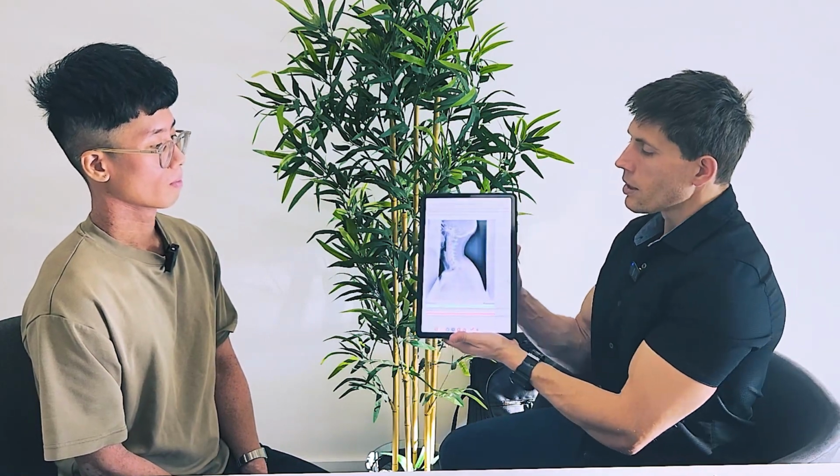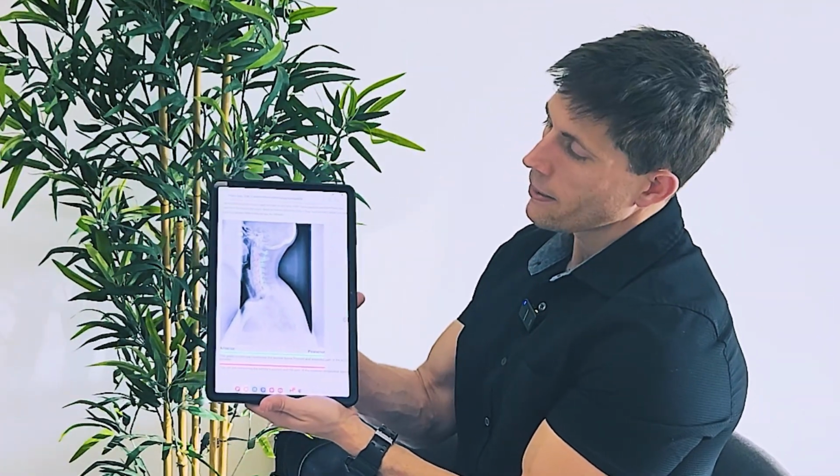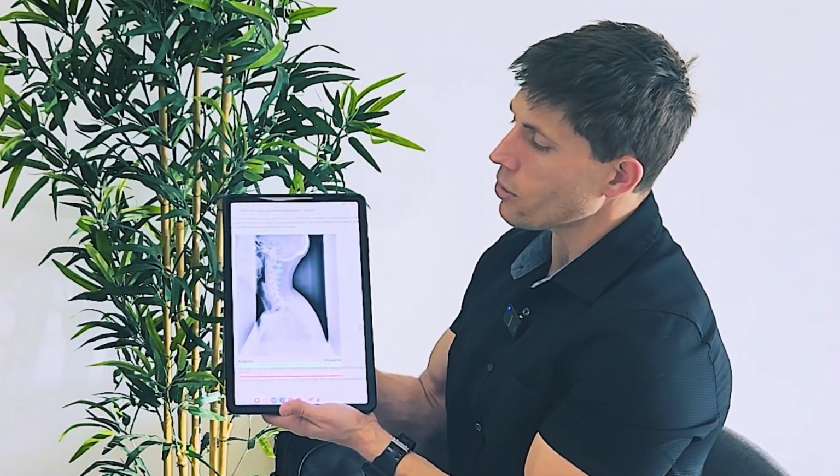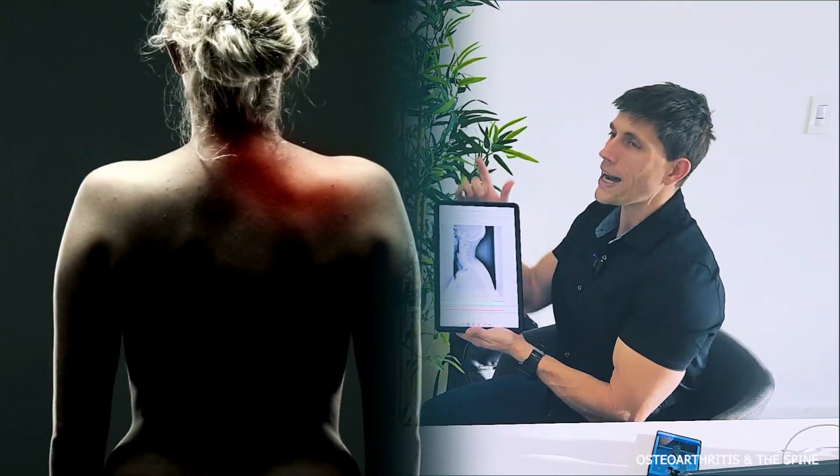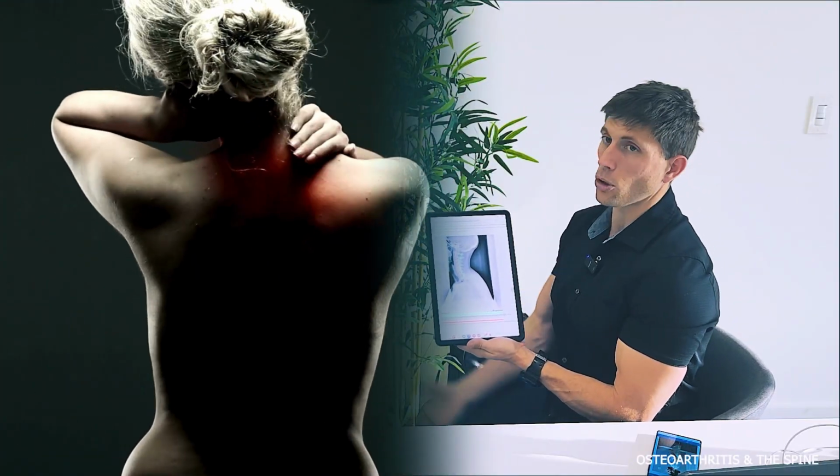Here I have my tablet. I have a John Doe, a de-identified patient example of what the x-rays we take in the clinic, or that we have analyzed and utilized in the clinic, actually look like. This is a perfect example of a neck. Without going into excruciating detail in this video, just know that I would go in with an in-depth analysis on why your neck curve is completely the wrong direction, like in this image here.